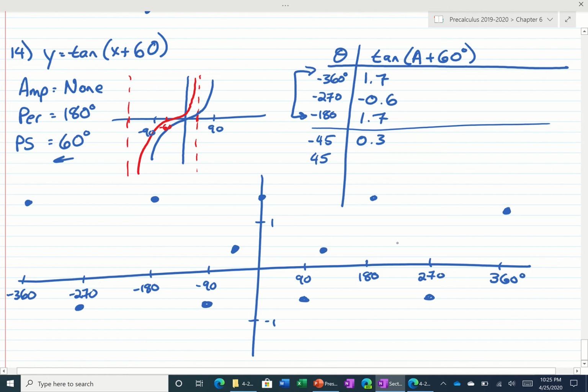Let's see here. Negative 45 plus 180 would be at 135. 180 degrees later, that's 315.